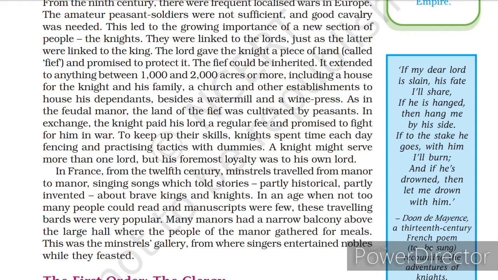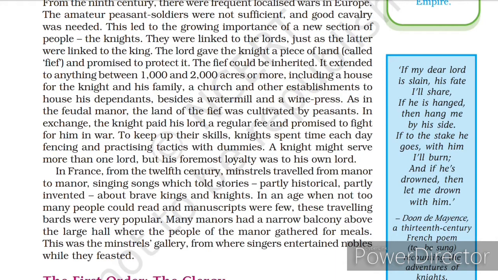So what he will do is distribute some of his land to the knights, especially the higher order knights. And these higher order knights also have to promise the landlord that in return they have to protect them. So the knight promises that yes sir, we will protect you.